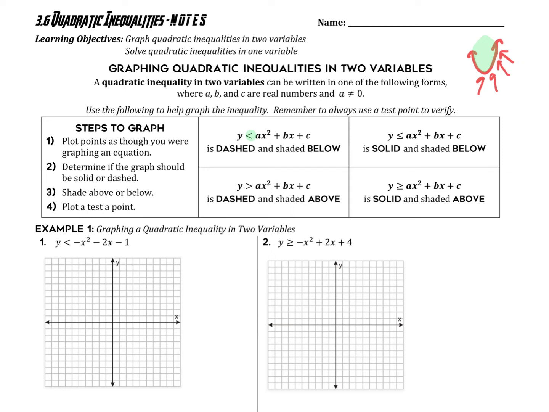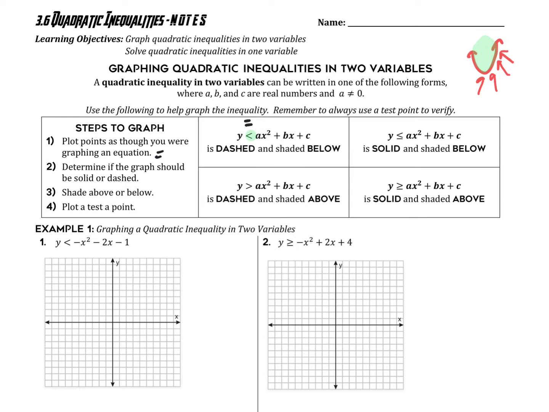So when we graph a quadratic inequality, this is going to give us a chance to just revisit how to graph quadratics in general. What we're going to do is temporarily pretend that we're looking at an equal sign. Temporarily pretend that we're graphing the quadratic function y equals whatever our function is. Then we're going to determine if our curve should be dashed or solid.